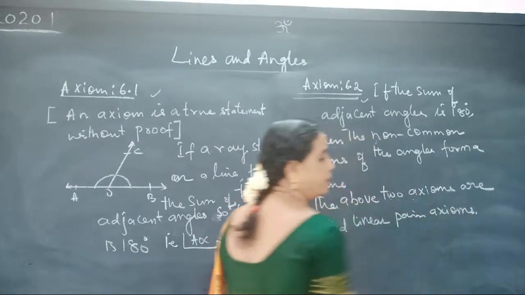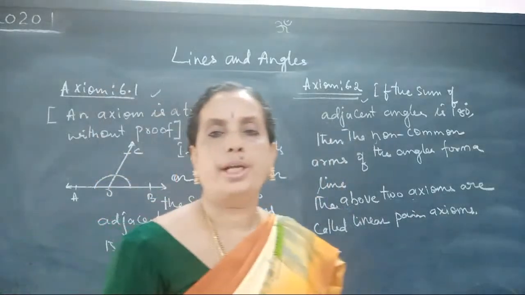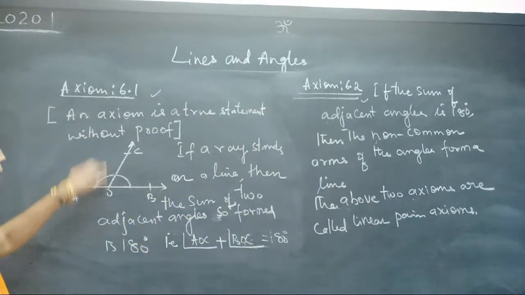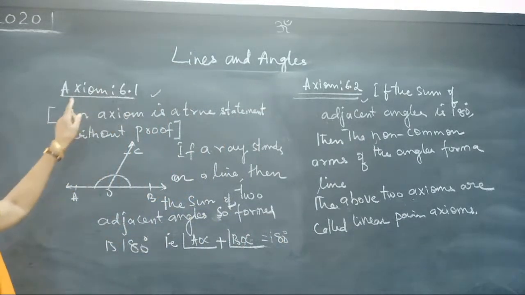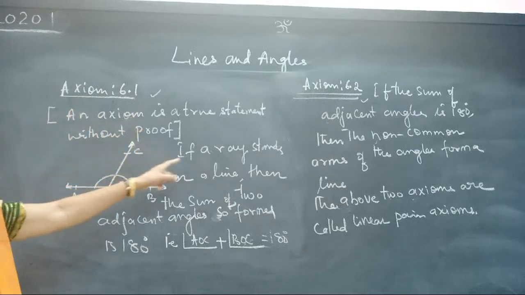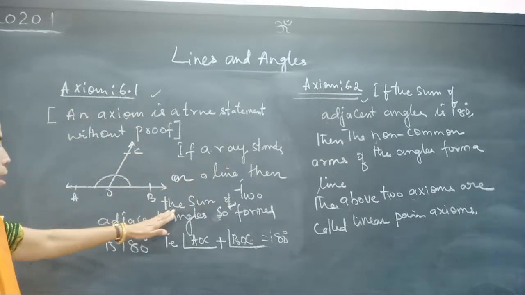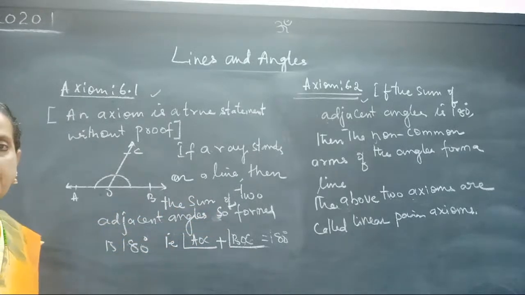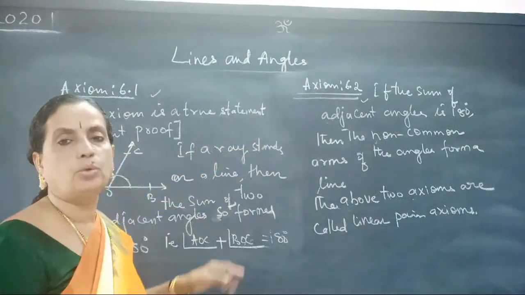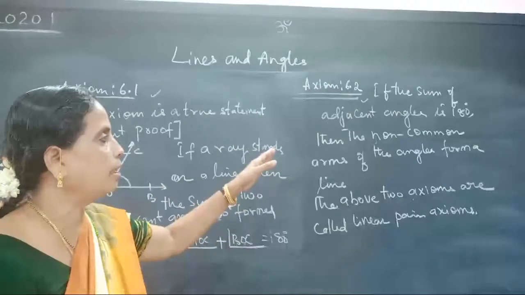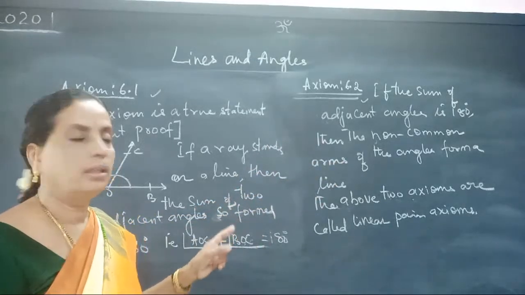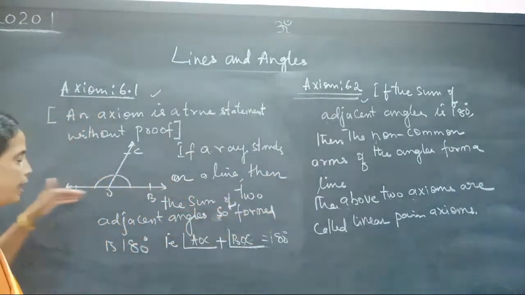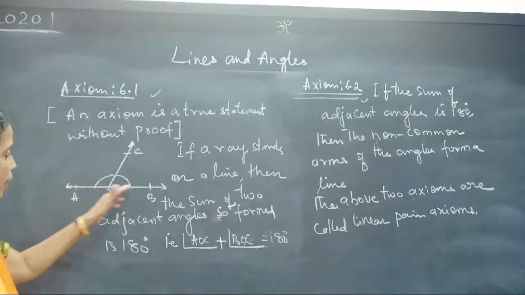So if in the examination you are asked to state the linear pair axioms, then you have to draw the figure and write axiom 6.1: if a ray stands on a line, then the sum of the two adjacent angles so formed is 180 degree. Axiom 6.2: if the sum of two adjacent angles is 180 degree, then the non-common arms of the angles form a straight line.